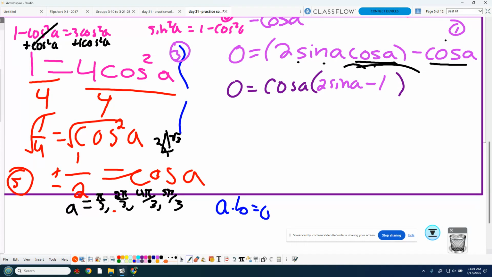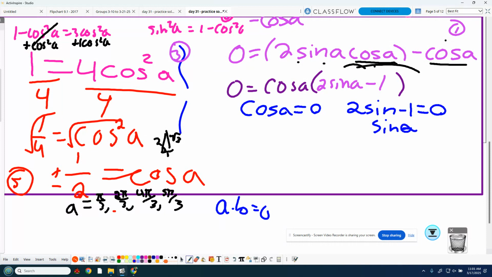Whew. Toasty in here. Right, so where is cosine 0 and where is 2 sine A minus 1 equal to 0? Keep the angle on it. Can you put an A there? Just write it in right now.